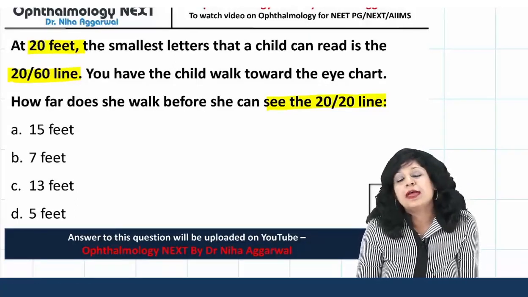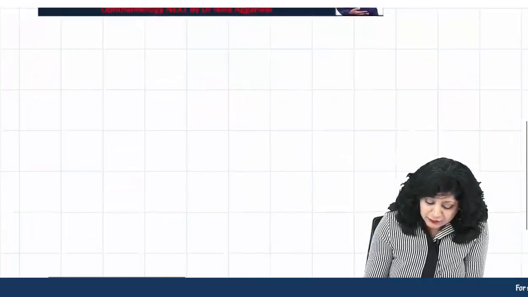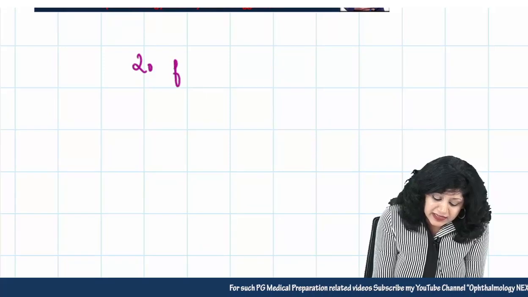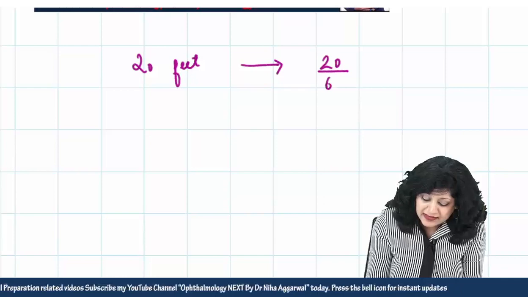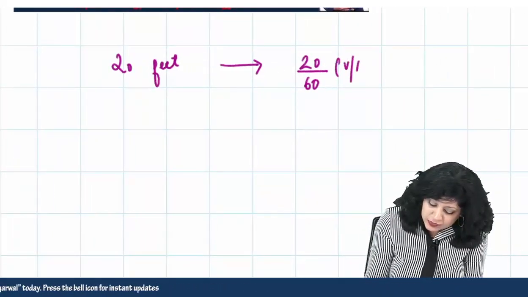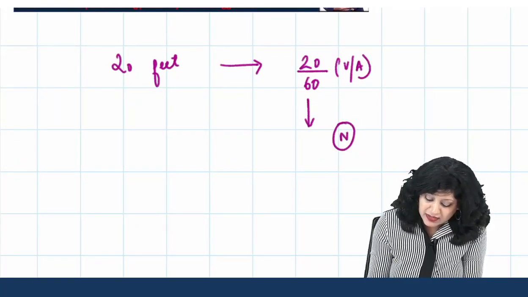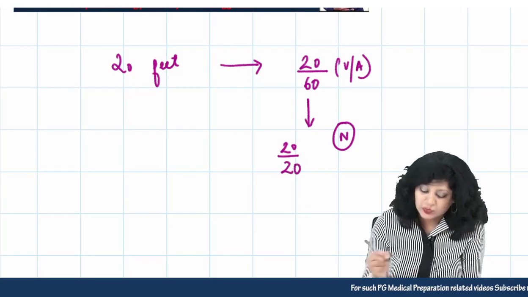Now how to approach such kind of questions? If you register the information what they have given, that at 20 feet this child is able to see 20 by 60. Now the visual acuity of this child is 20 by 60. When you compare this visual acuity with the normal visual acuity, 20 by 20 is the normal visual acuity.